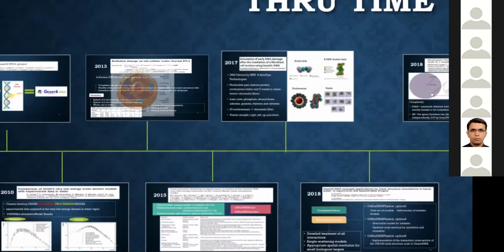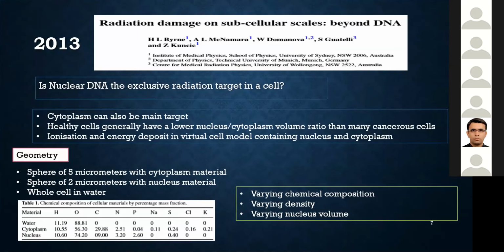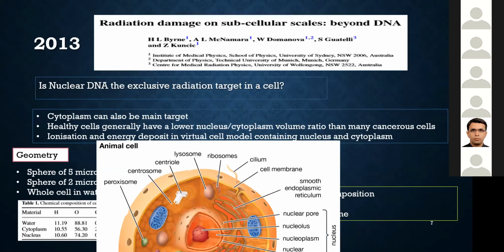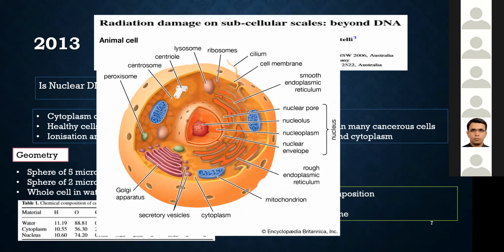And as we move on, we see more articles talking about radiation damage on the DNA. In this one, there is a big question: is nuclear DNA the exclusive radiation target in the cell? Again, excuse my biology.